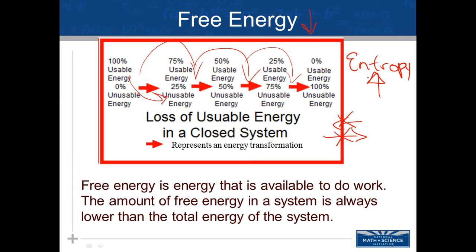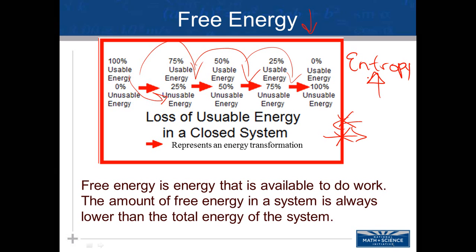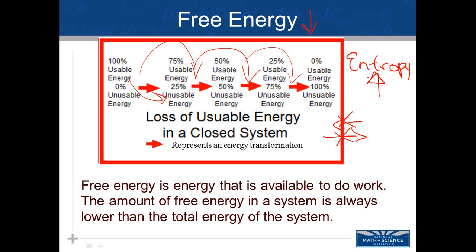So the second law of thermodynamics basically boils down to this: in a closed system where there's no energy input or energy output, the total amount of free energy is going to decrease, and eventually it's going to be depleted.